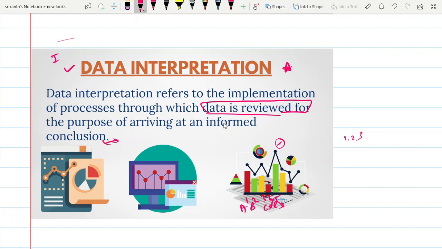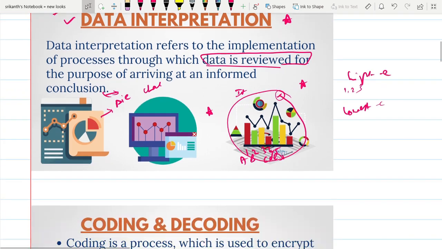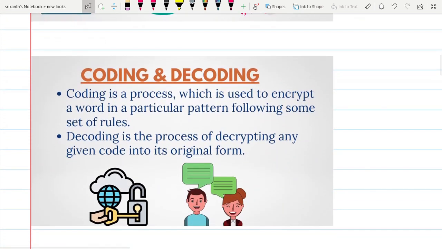Here the lowest is C. Highest is E. So this is how you have to interpret the data that is given. Likewise, it can be in the form of a pie chart, or a bar, or anything. So basically, data interpretation is how you are able to interpret the data which is given. This is one form of the intellectual potential test.